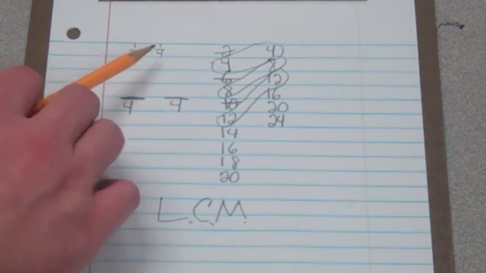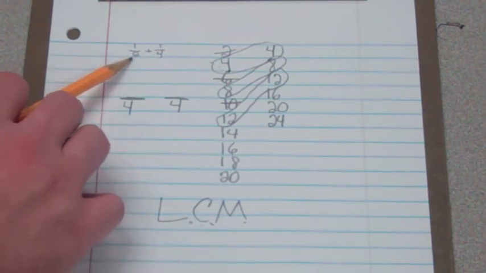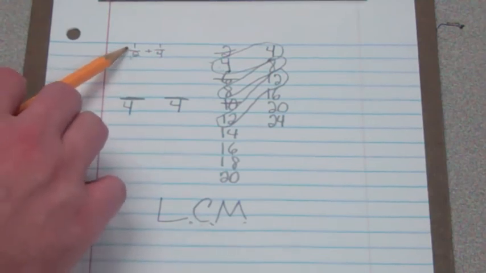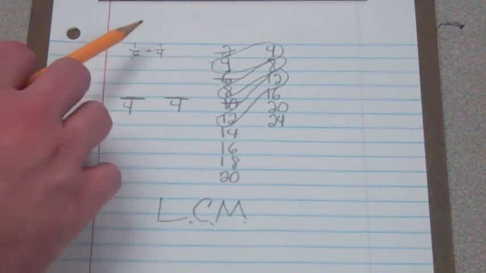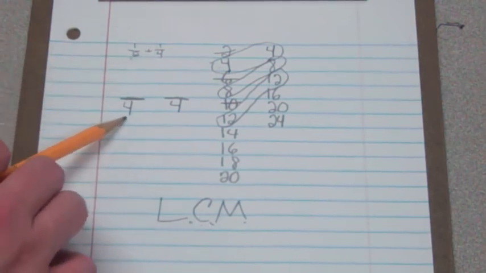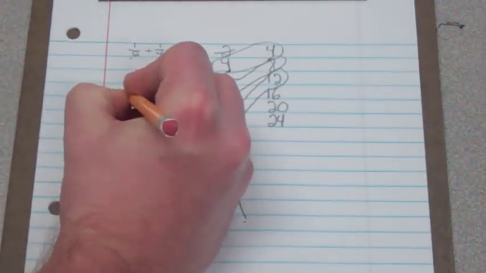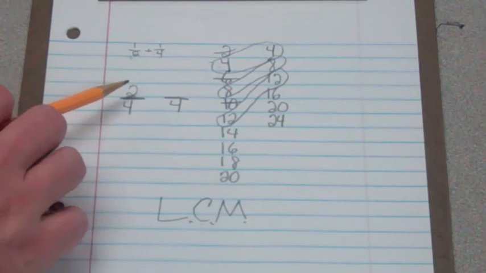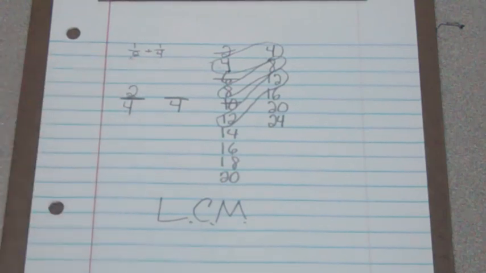Since I multiplied the denominator by 2, I also have to multiply the numerator by 2 to make this an equivalent fraction. So 2 times 2 is 4. 1 times 2 is 2. And you should recognize that 2/4 is equivalent to 1/2.